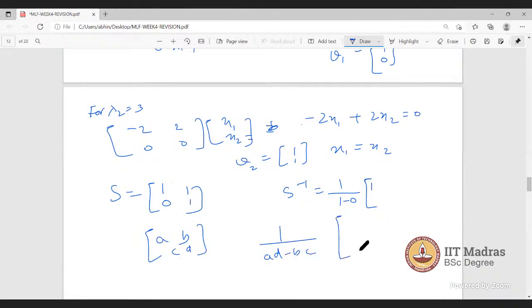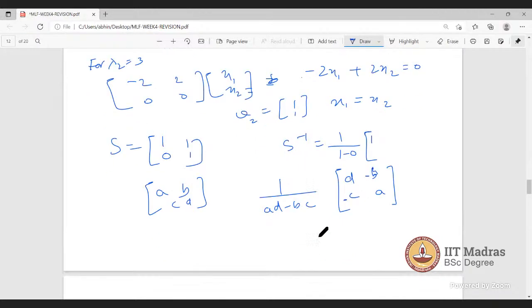Then you interchange the diagonal elements A and D, and change the signs of B and C.